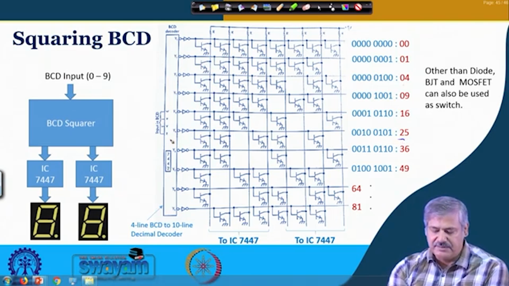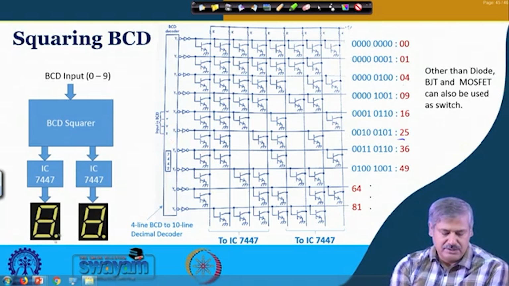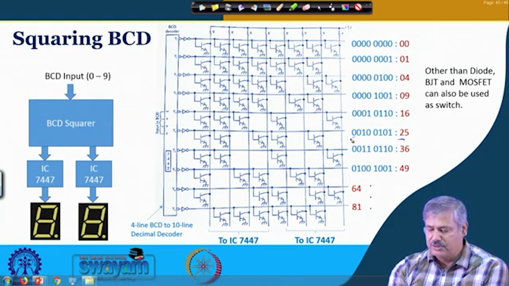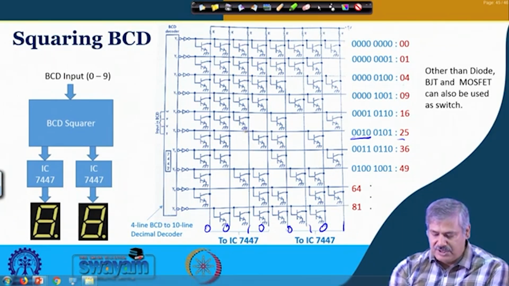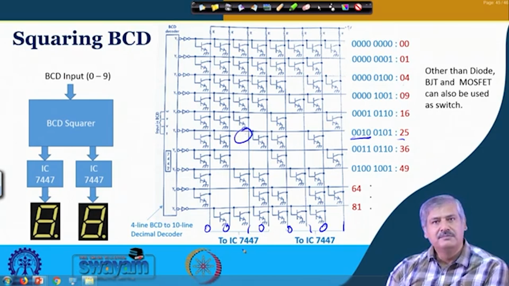So, in this line, because it is presented through 7 segment display, 0, 0, 1, 0 should come here, 0, 0, 1, 0, and here 0, 1, 0, 1 should come here. So, what you can see is 0, 0, 1, 0. At this point we do not have the transistor, here 1, 0, 1.